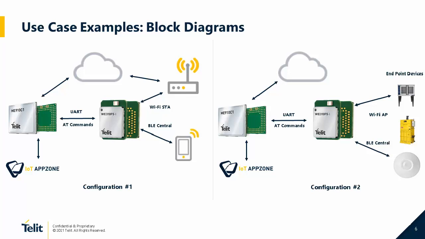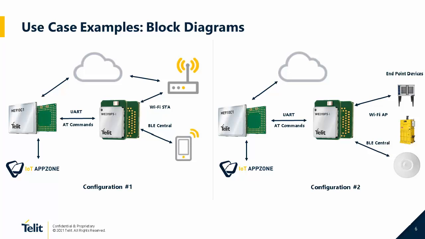In the second configuration, you're using the Wi-Fi BLE module purely as a peripheral. So you've got the cellular module with its uplink to the cloud, and then this Wi-Fi BLE module is serving up either an access point or a BLE central connection, and you can network local collections of devices.